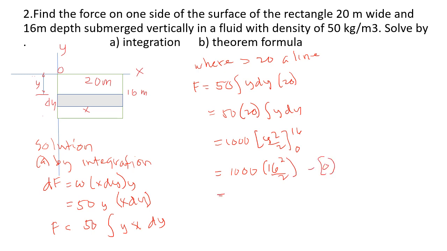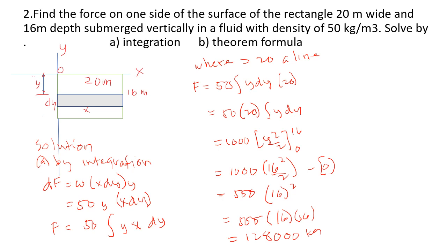So equivalent to 500 times 16 squared, equals 500 times 16 times 16, equals 128,000 kilograms.